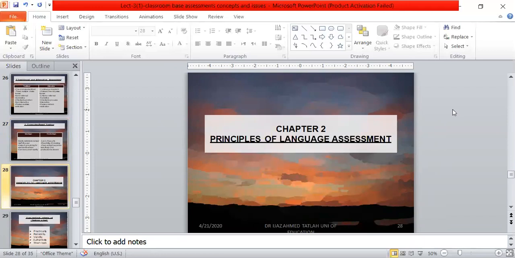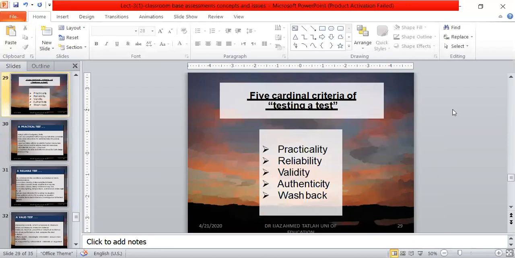Let's discuss the principles of language assessment. What are the major principles on the basis of which language can be assessed? Because classroom-based assessment is majorly based on different criteria.